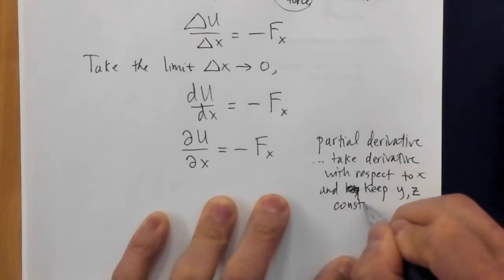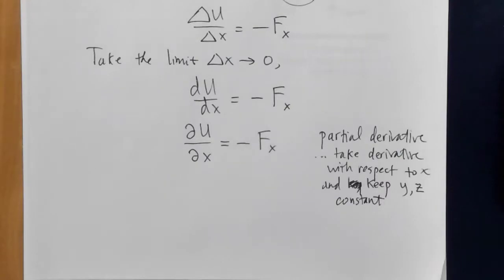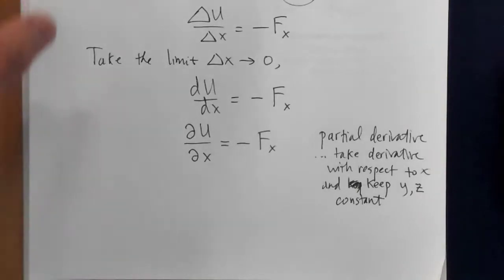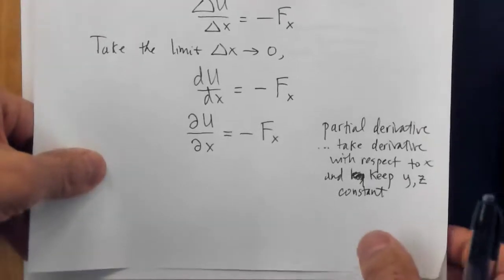Those are the other variables. We have x, y, and z floating around. We're taking the derivative with respect to x, and we're treating y as just pinned to some value, and z is stuck at some value. Any questions about this? It's just a derivative, just keeping the others constant.